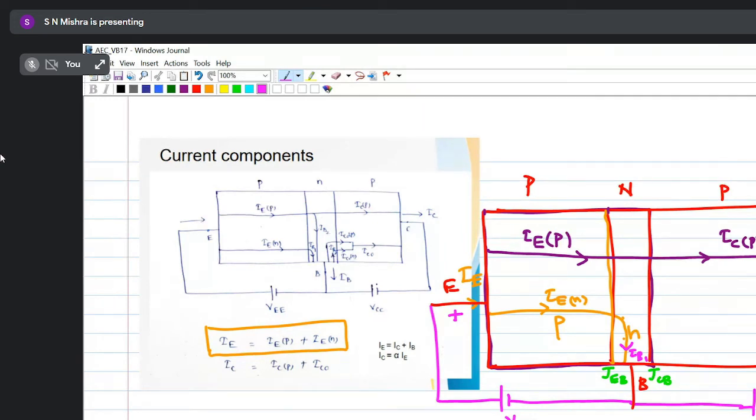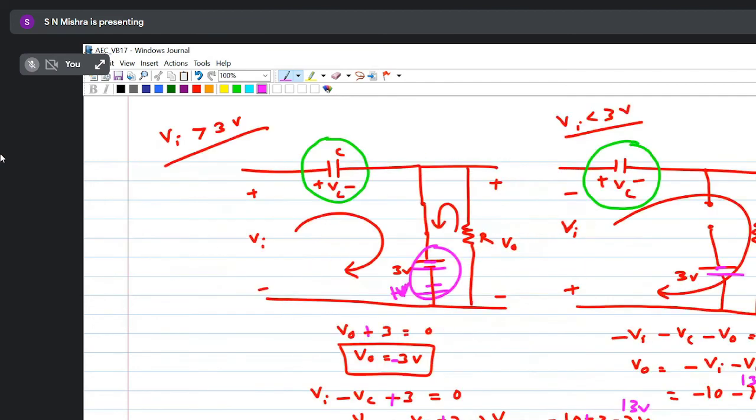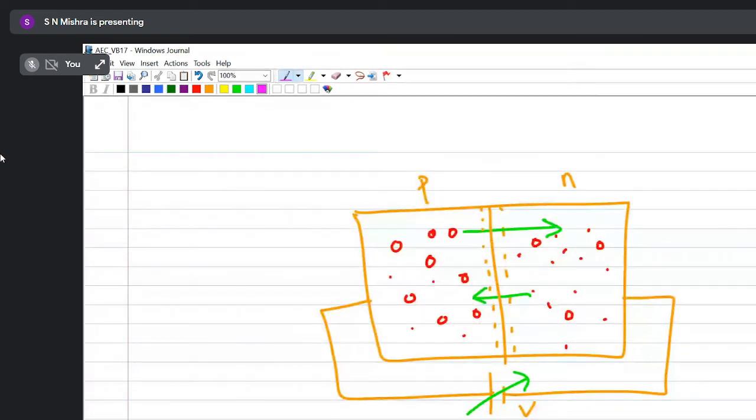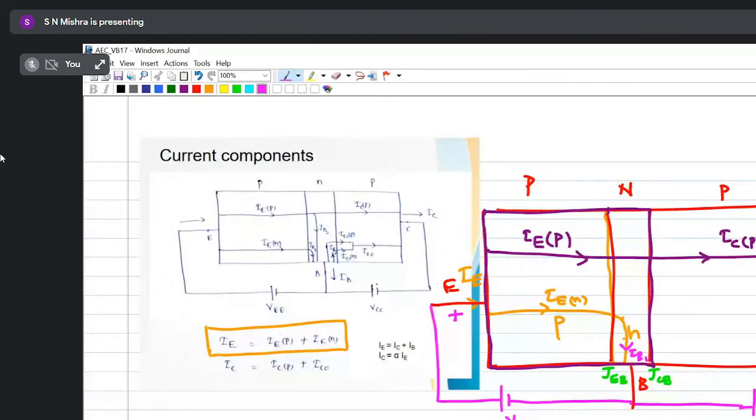Now come to the previous case. When holes are moving, as I told you, 100 holes are moving from the emitter, then 2 holes are reaching the base and recombine, and 98 holes are reaching the collector side. Now the 2 holes which combine here in the base region will constitute some current, and that current, let us take IB2.